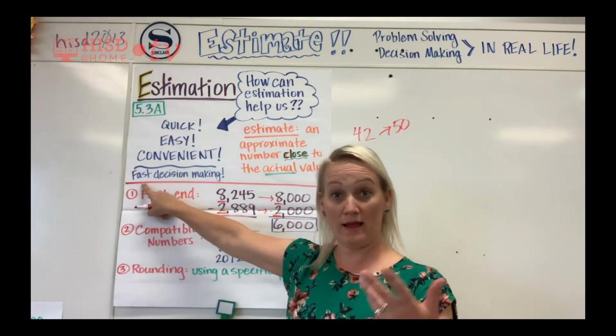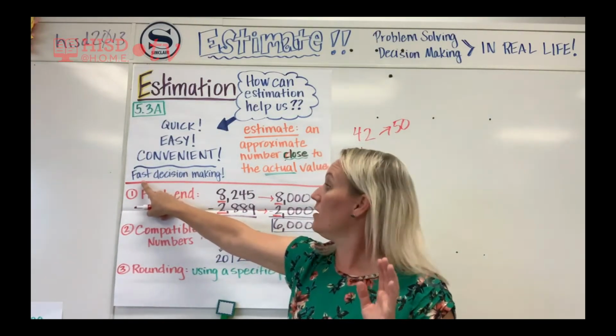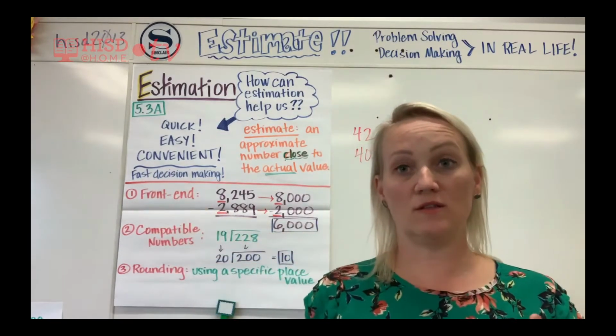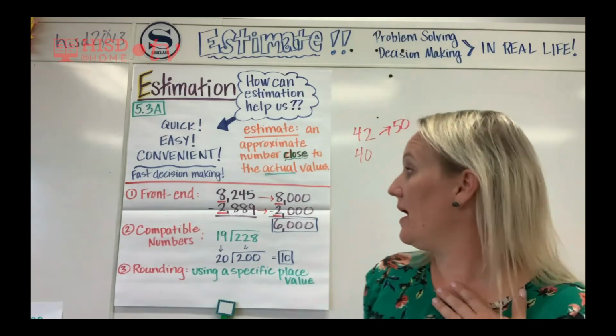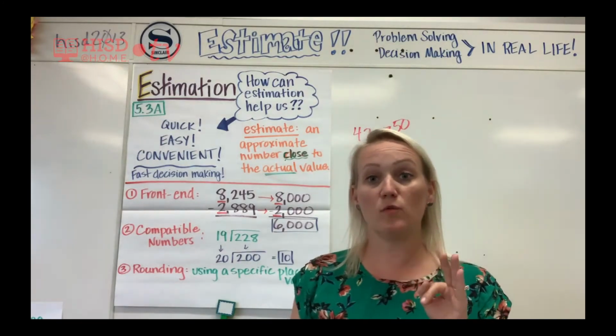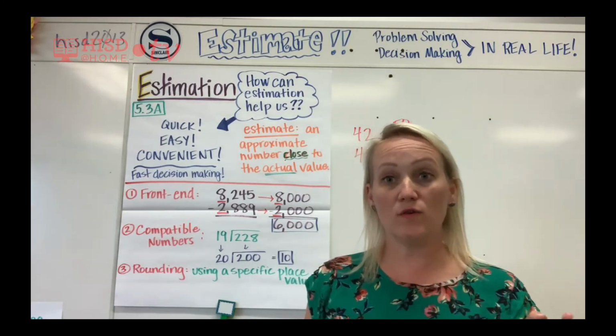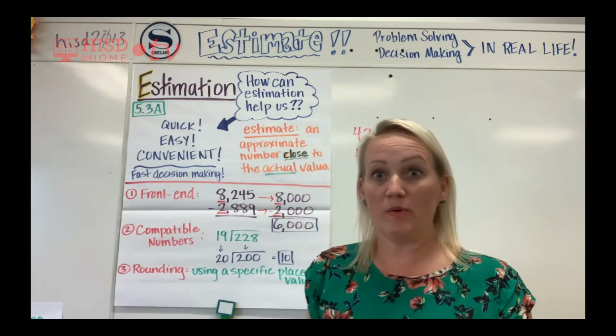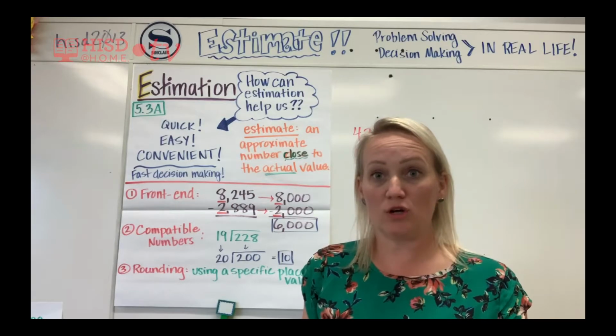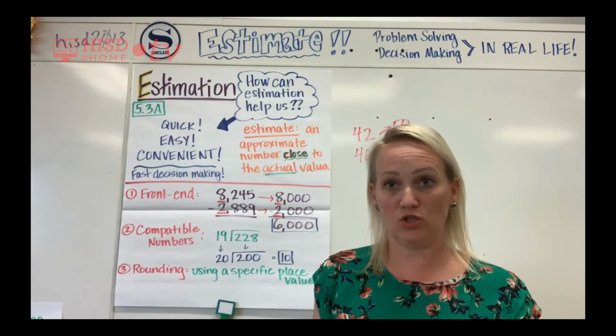So like I mentioned earlier in the session, it's for fast decision making. So today I'm going to break down some word problems because we're going to do word problems. And I'm going to talk about 3 different ways you can estimate. They can all give you a number close to the actual value, but they may not be the same estimate, but that's okay. You're just trying to make a quick decision based on the information you have.